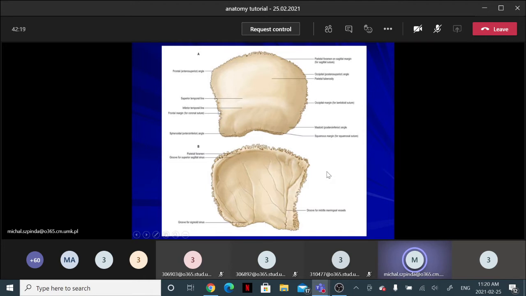So such a place here is extremely brittle. Such a point here that projects on this groove, the arterial grooves, has a special name, pterion, PT, pterion, or Sylvian point.